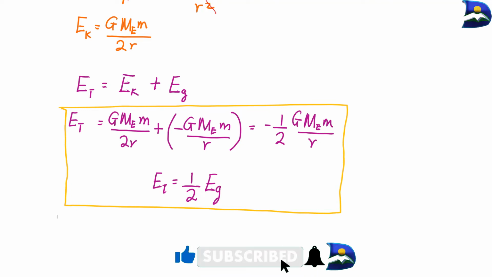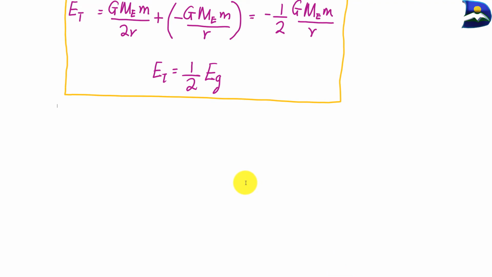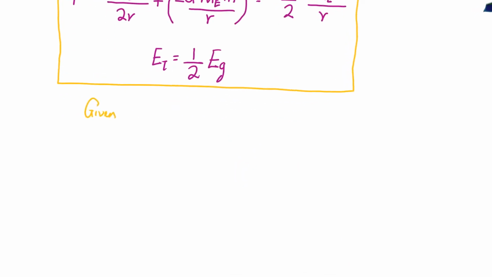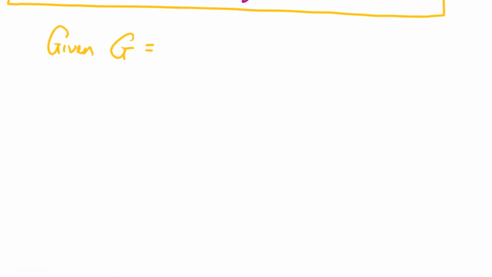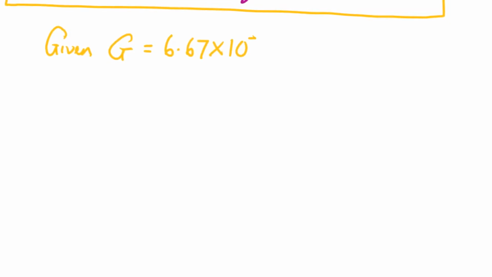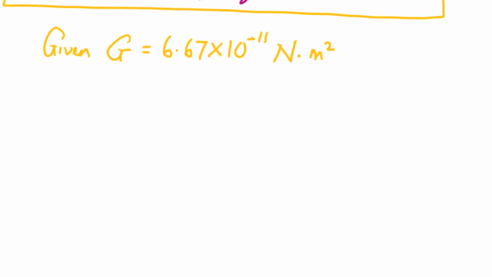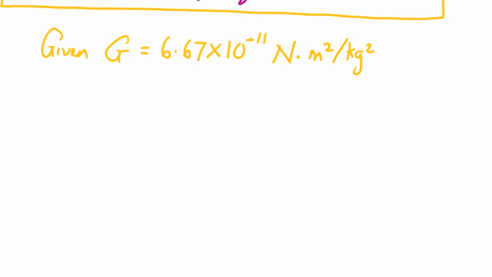And so by putting in the givens in the question, in this case we're given the following: we have our big G to be equal to 6.67 times 10 to the power of negative 11. Remember that although it might not be given directly, you should recognize that this should be researched and used.